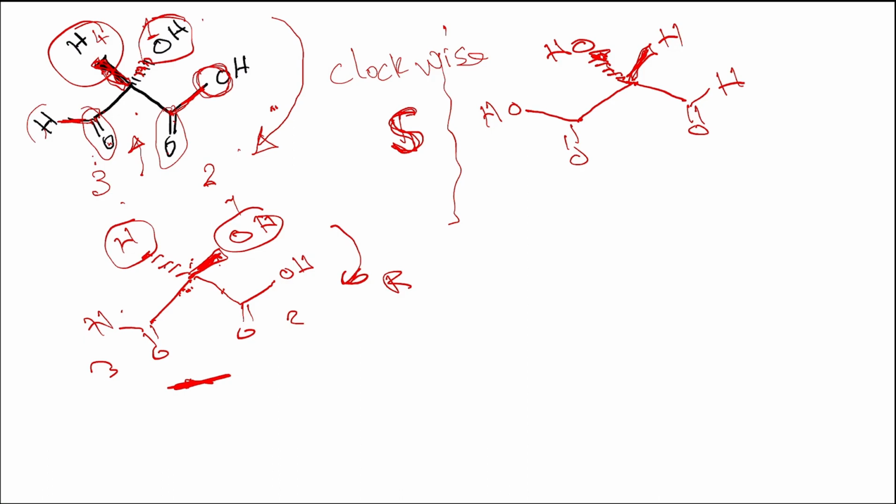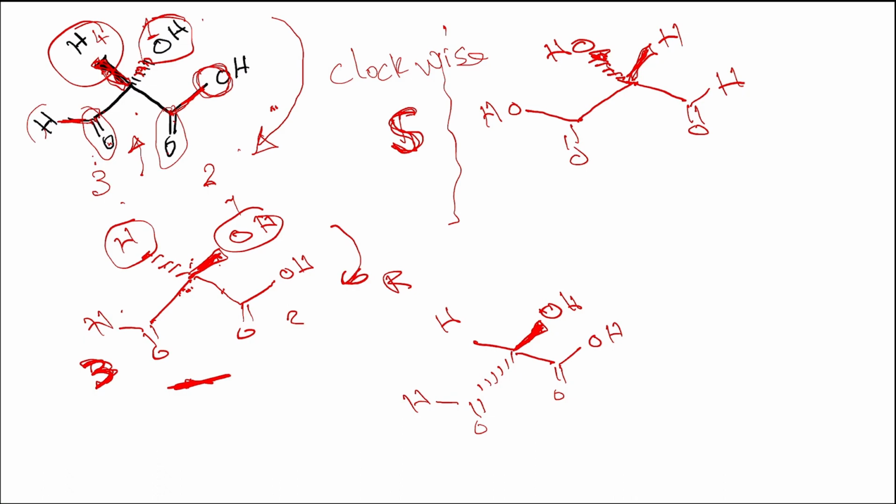So let's swap it with the group that has priority number 3. So I'm going to keep the OH in its place. Okay, add the one going forward. The hydrogen will be a normal solid line, and then this group is going to be at the back, and then this one is going to be like this in its position.